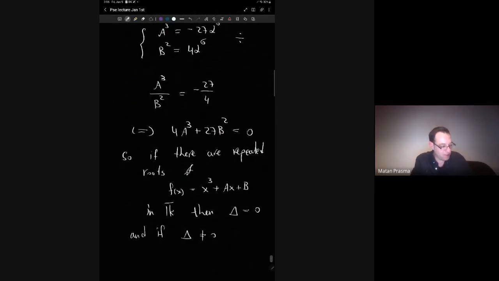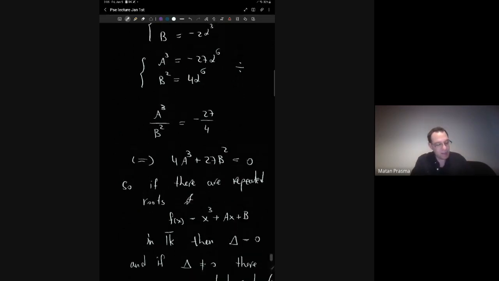So if the discriminant is non-zero, there are no repeated roots. Okay, so that's the proof.